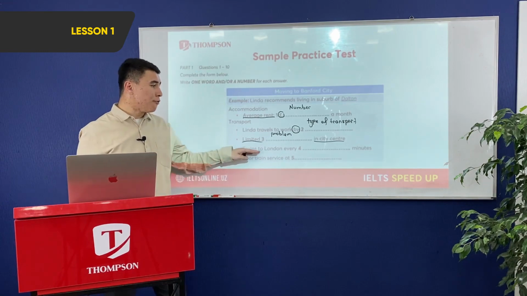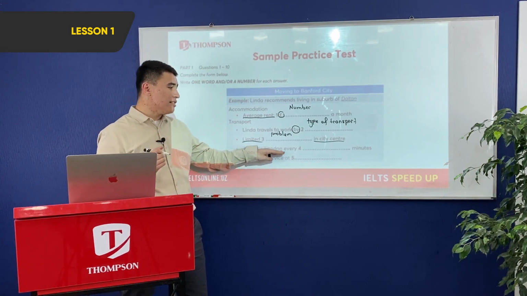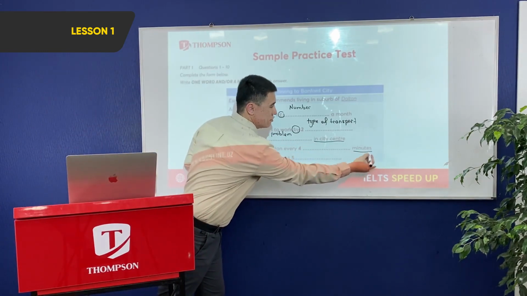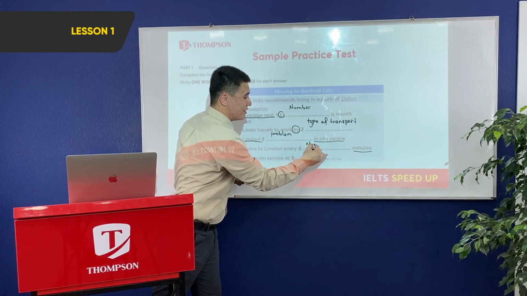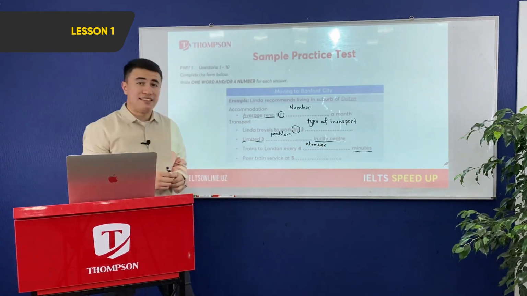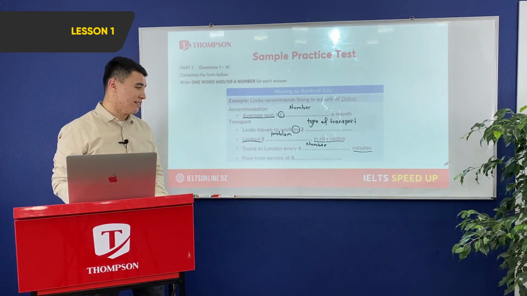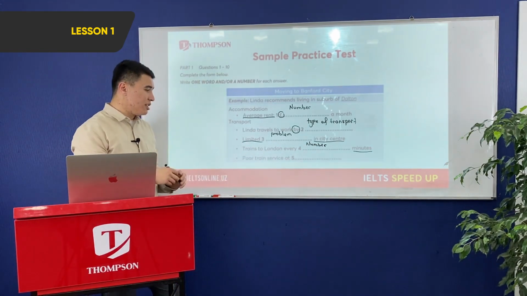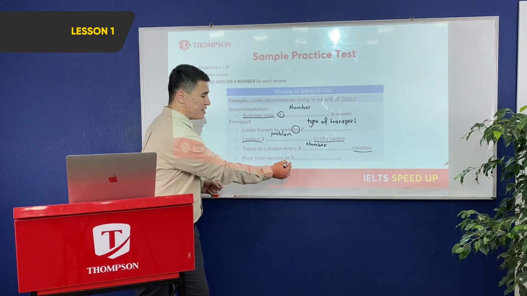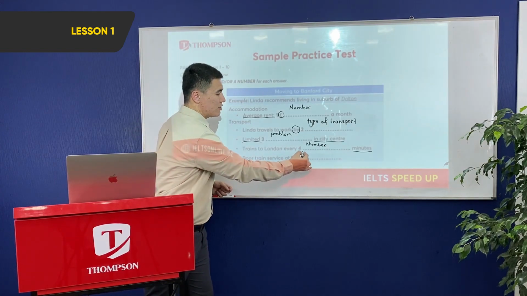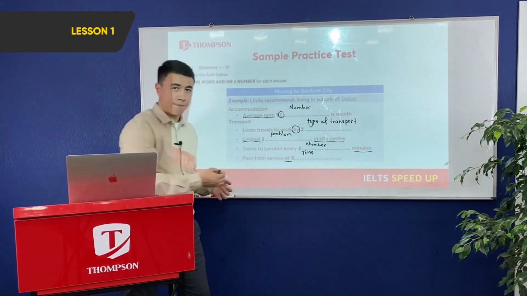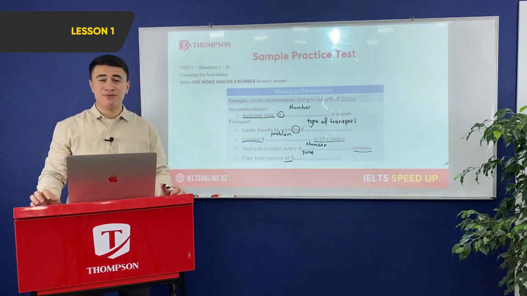And in the fourth one, trains to London every minute. So your expected number again that will define periods of the trains to London. And in the last question, poor train service at, so it is going to be time. Okay, let's move to the audio itself.